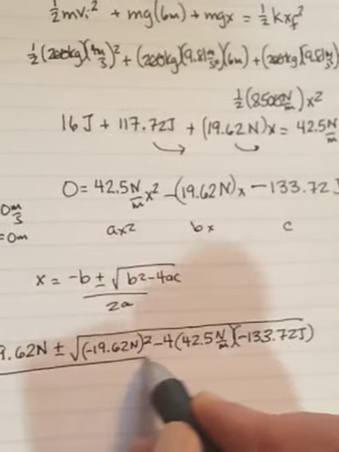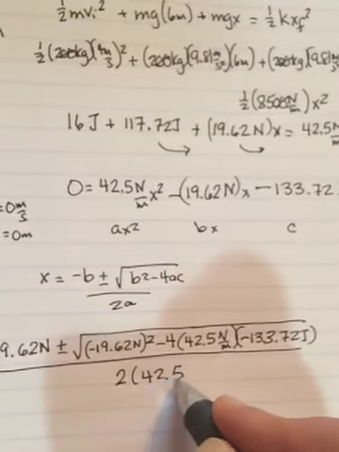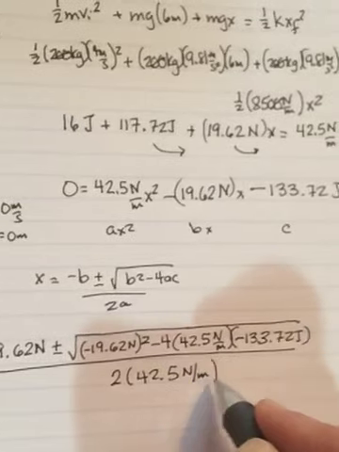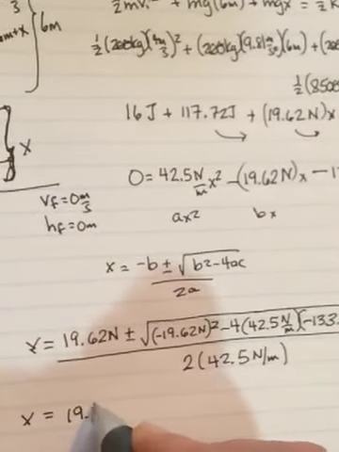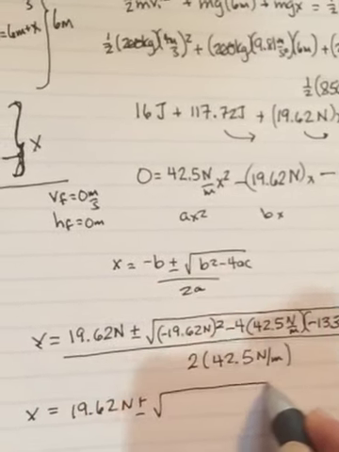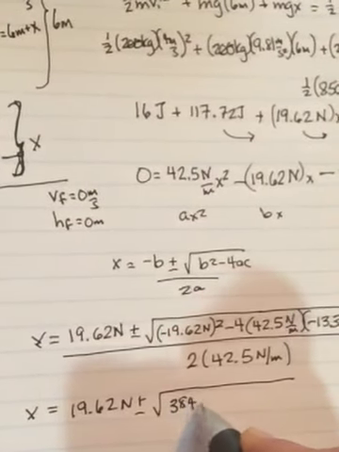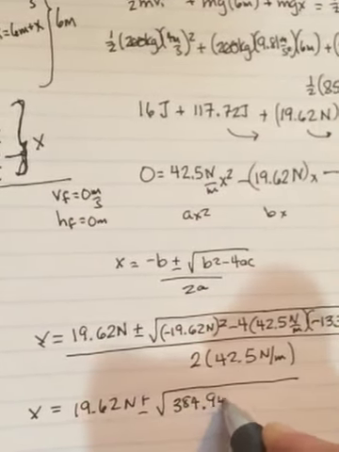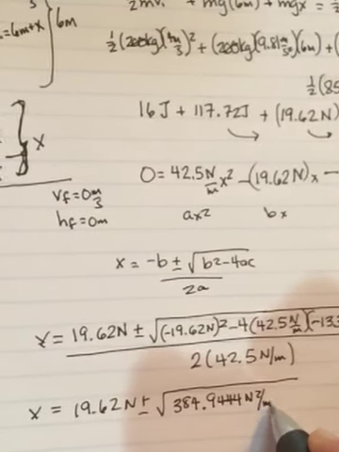And all of that gets divided by 2a, so 2 times 42.5 newtons per meter. Okay, and so we have x is equal to 19.62 newtons plus or minus. When you square 19.62, I think you get 384.9, maybe 444, and that'll be newtons squared per meter squared.